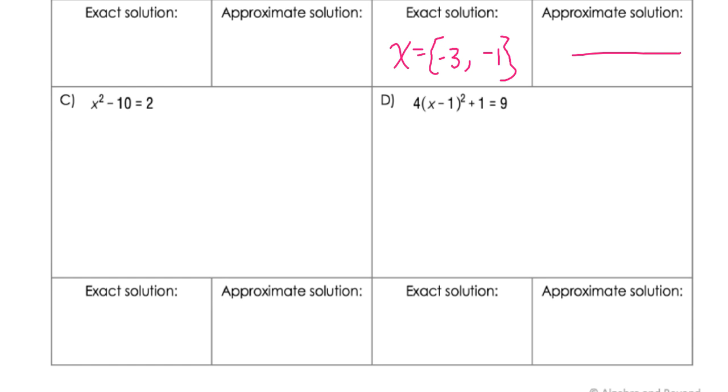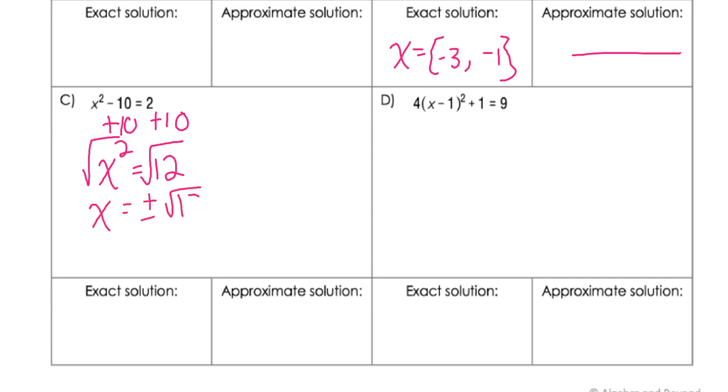Okay, for C here, I need to again isolate that variable. So I'm going to add 10 to both sides. And I am going to get that x squared equals 12. And so when I square root both sides, I get that x is plus and minus the square root of 12. And I need to simplify that. So remember, the square root of 12 can be simplified into the square root of 4 times the square root of 3.